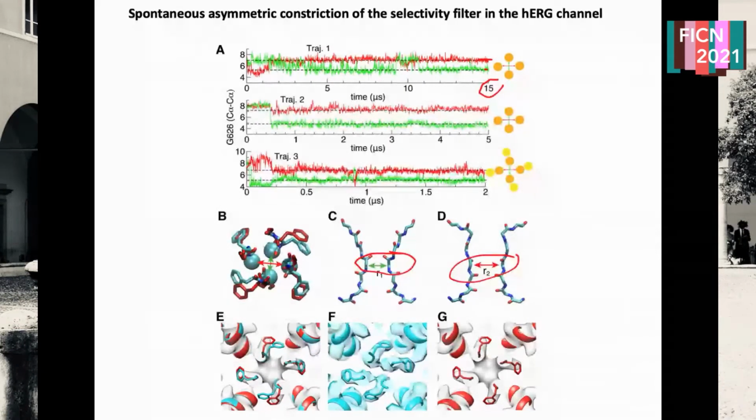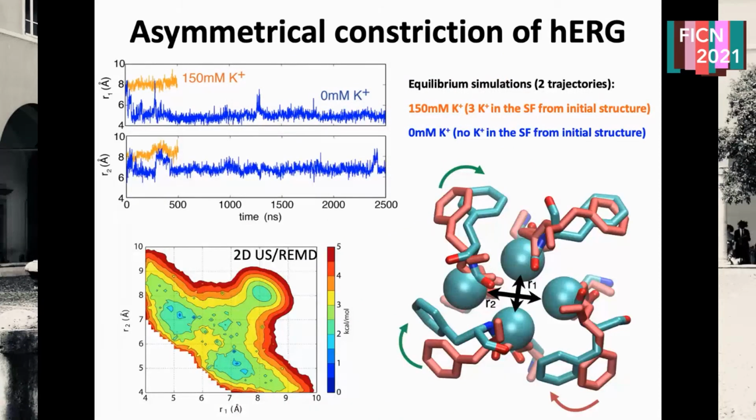This would be the density that you should see, and the density predicted from the modeling is a bit different. So this is a kind of unresolved question: exactly why did the cryo-EM not capture that asymmetric conformation? But nonetheless, we did do that.